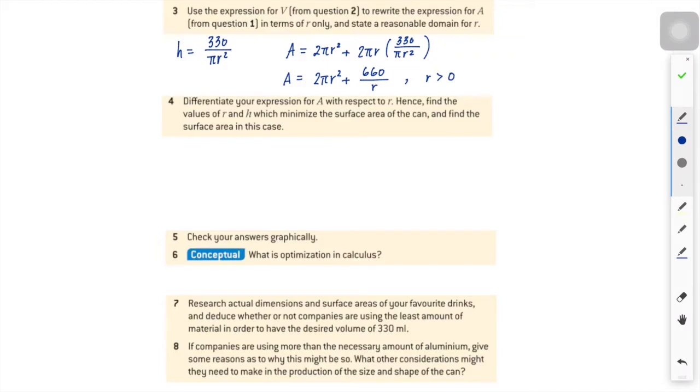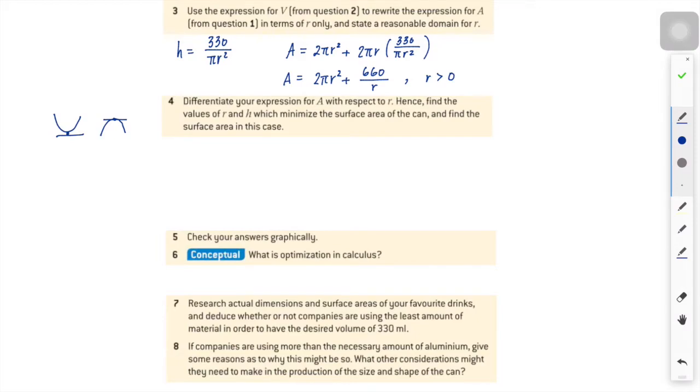Well, back in year 1, we learned that the first derivative allows you to find the gradient of any curve, and at either a maximum or minimum point, what happens? We know that something in common occurs at these points: the first derivative of the function is equal to 0.